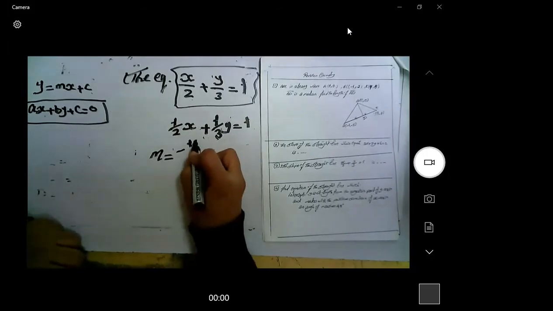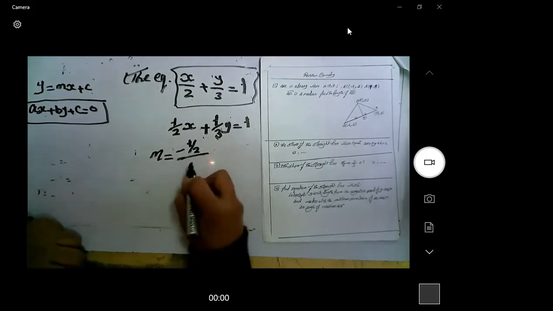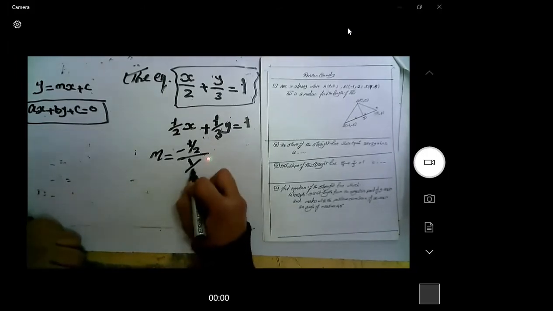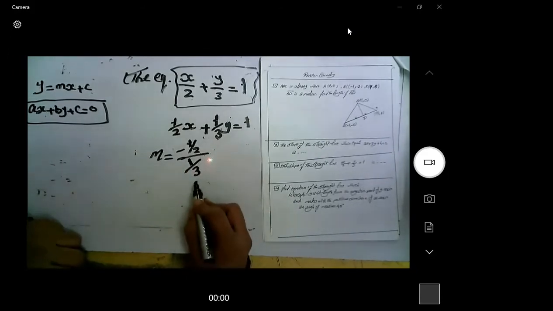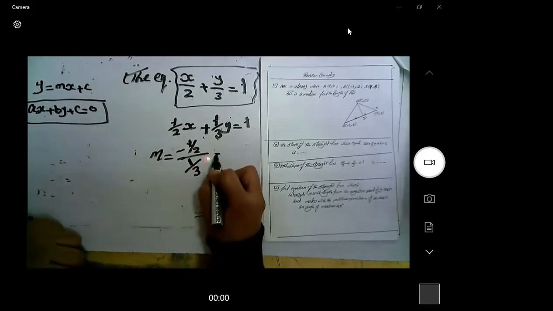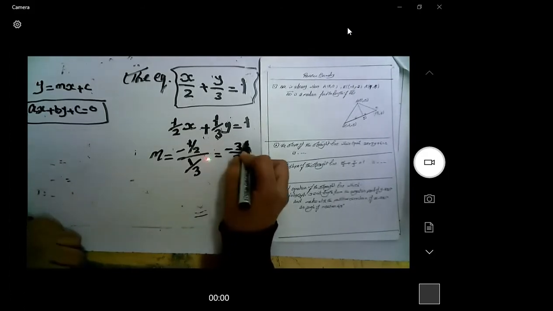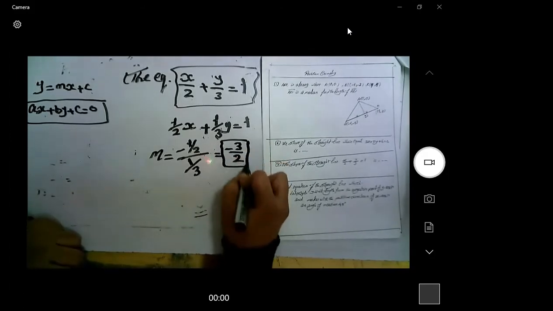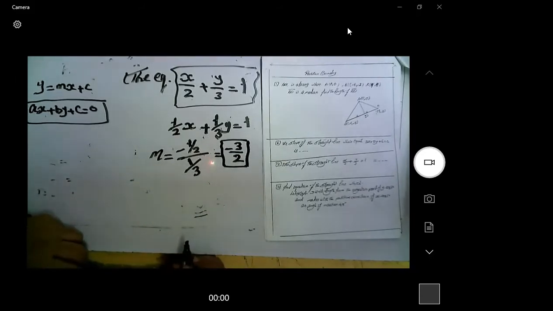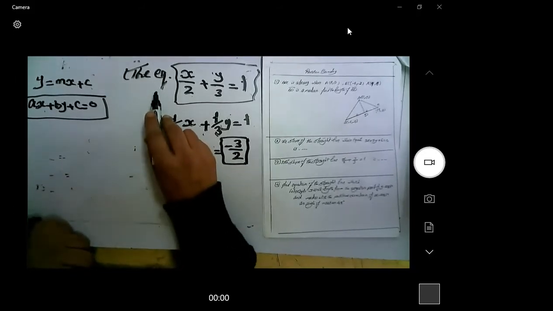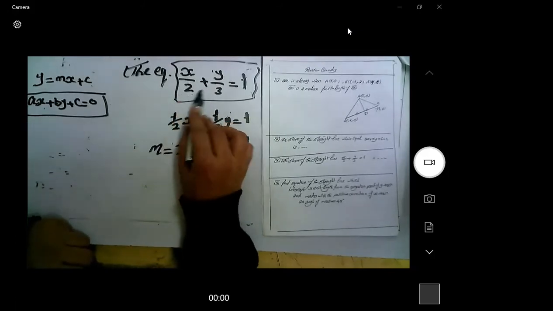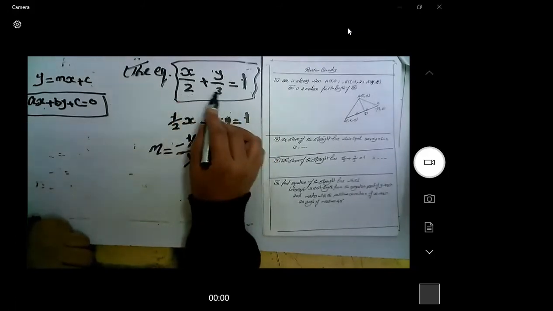coefficient of x over coefficient of y, negative half over third equals negative 3 over 2. Again, the equation of the straight line is x over 2 plus y over 3 equals 1, and we need to get the slope.